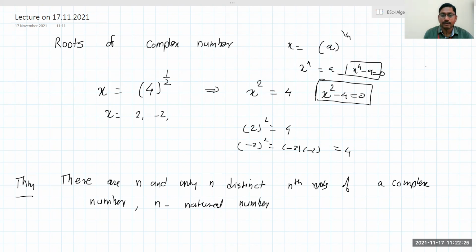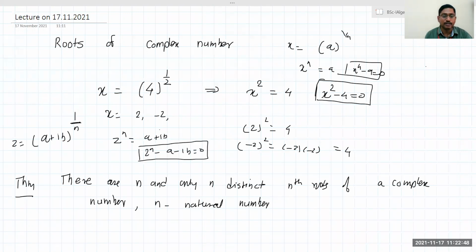So we have to show that for any complex number a plus ib, its nth roots means taking 1 by n power of this. If z is a complex number, in fact it is an equation of this form: z raised to n minus a minus ib. So this is the equation in unknown z, which has n roots.